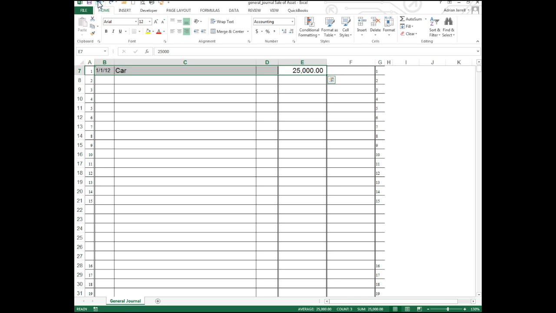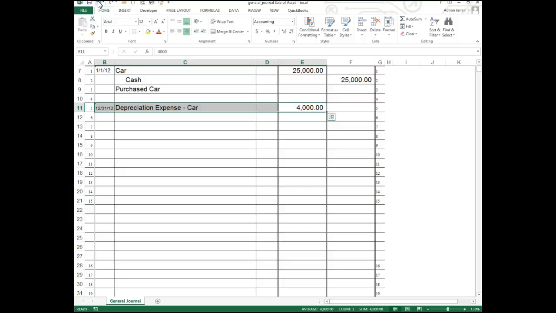We'll record the purchase of the car, debit, whatever, you can name the account whatever you like, but let's name it car. We paid cash for it, and we make our description there. At the end of that year, we're going to record depreciation. Let's say depreciation is $4,000 a year.